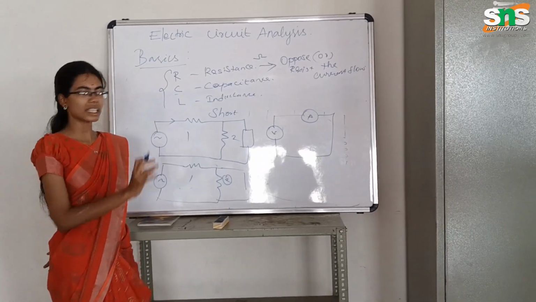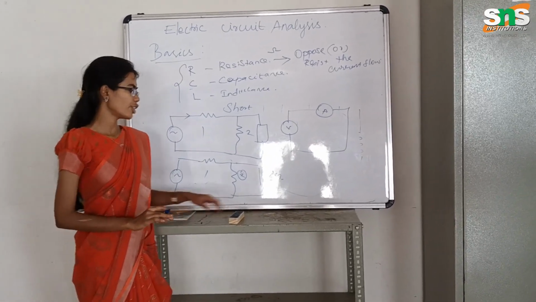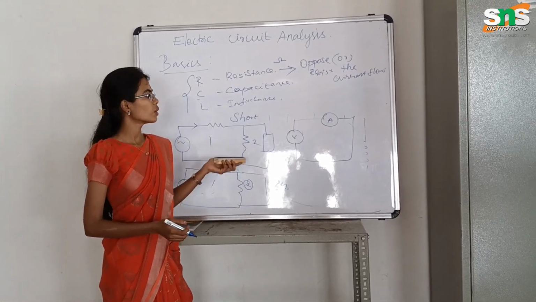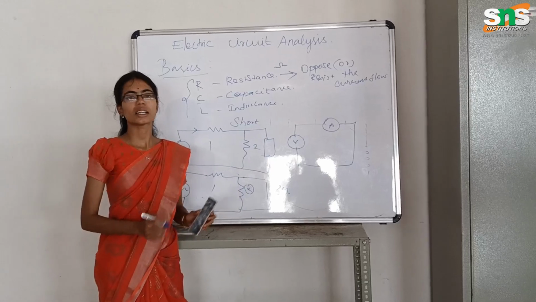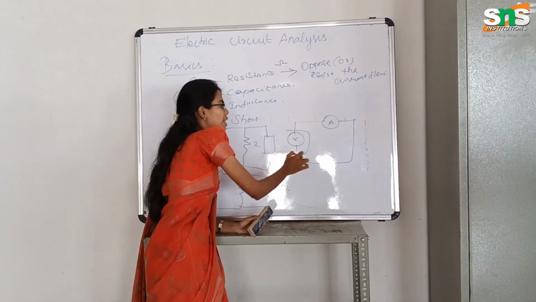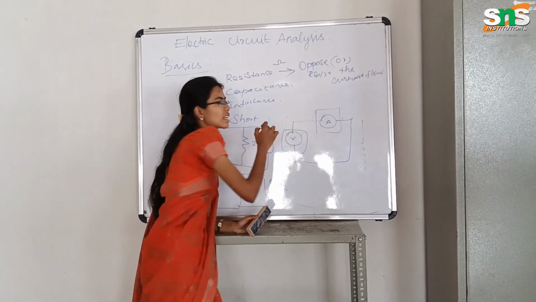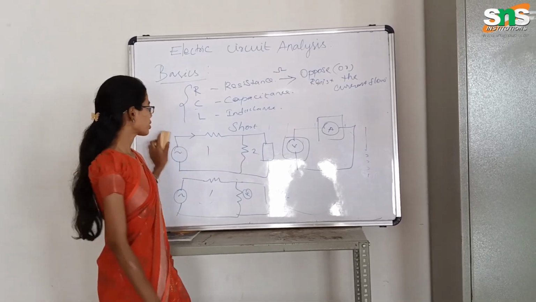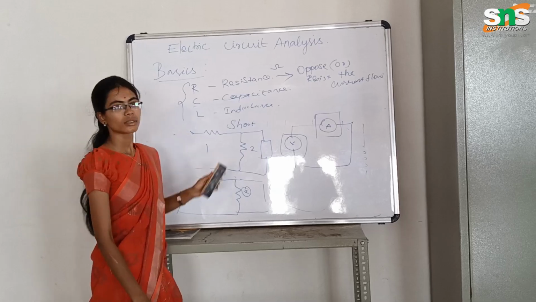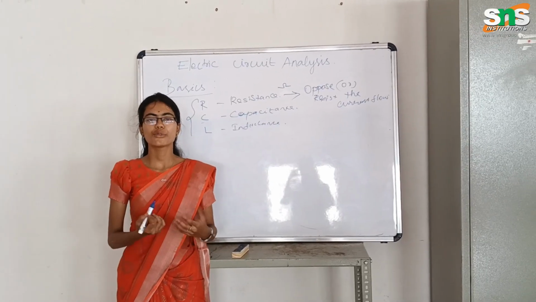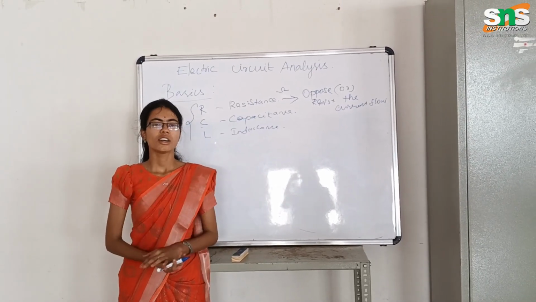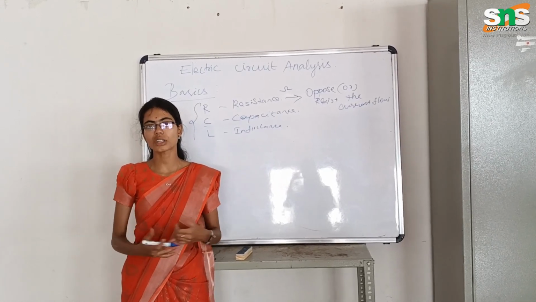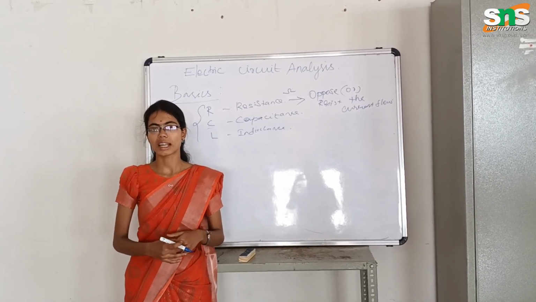These are the basic things while solving an electric circuit analysis. Whenever the voltmeter is connected in parallel and the ammeter in series, the circuit is well defined. These are the few basic things essential for understanding the circuit and solving an electric circuit analysis.